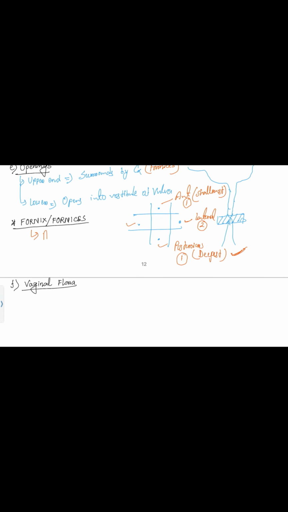So that is all about the fornices: 1 anterior fornix, 2 lateral fornices, and 1 posterior fornix.